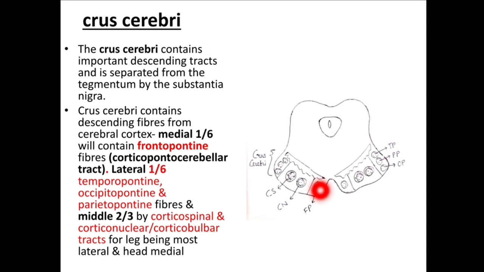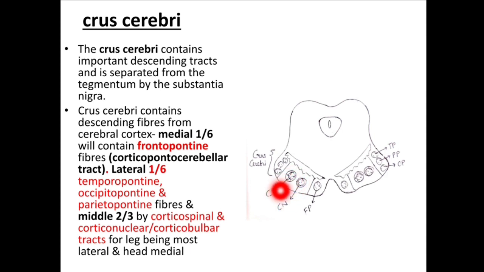the corticopontocerebellar tract. The lateral 1/6 will contain temporopontine, parietopontine, and occipitopontine fibers, and the middle 2/3 contains corticospinal and corticonuclear fibers. Corticonuclear is also called the corticobulbar tract.